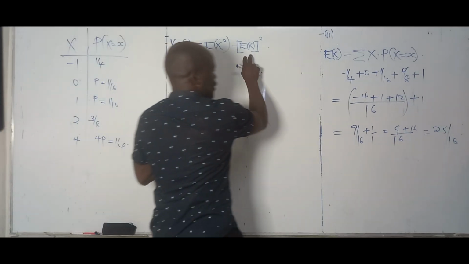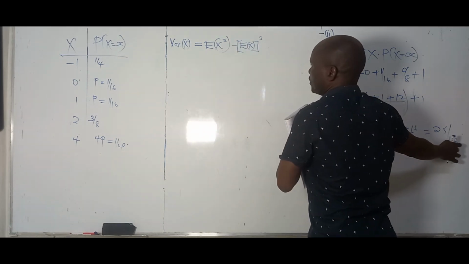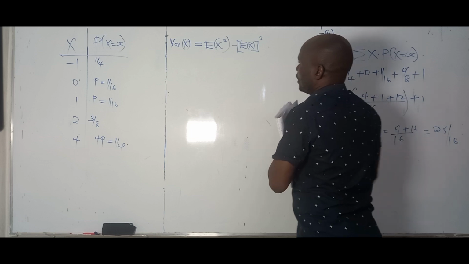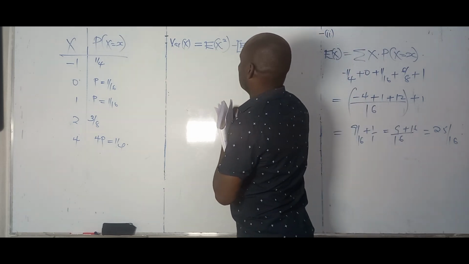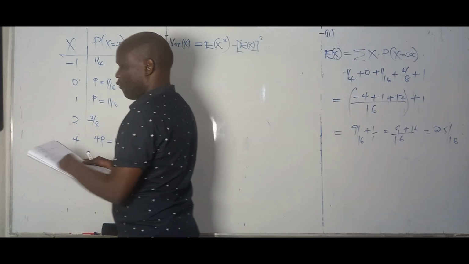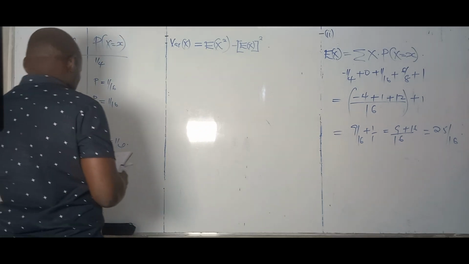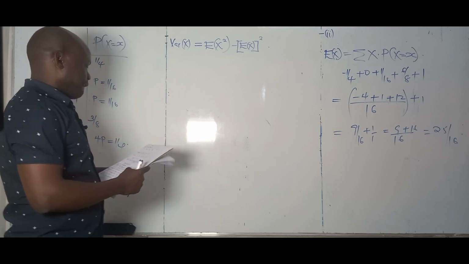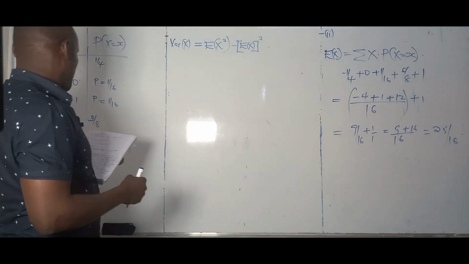But the expected value is 25 over 16. So what I need is the expected value of x squared.